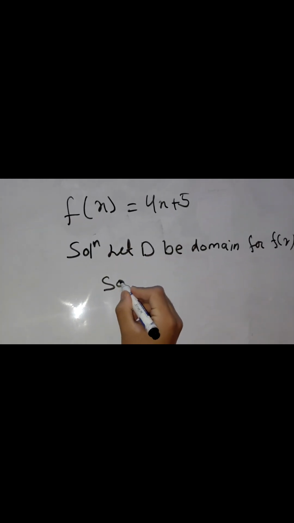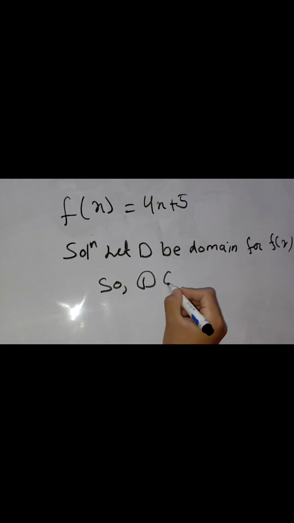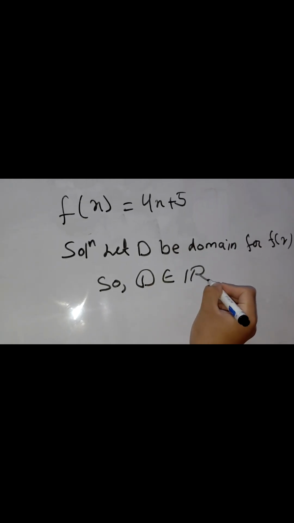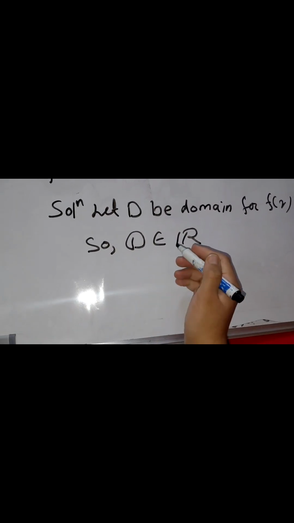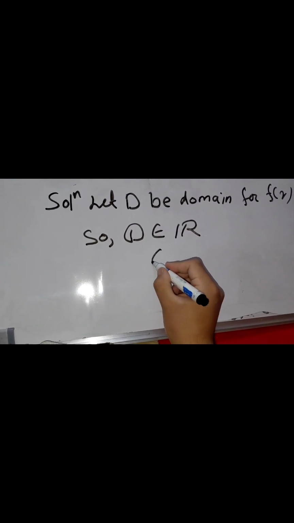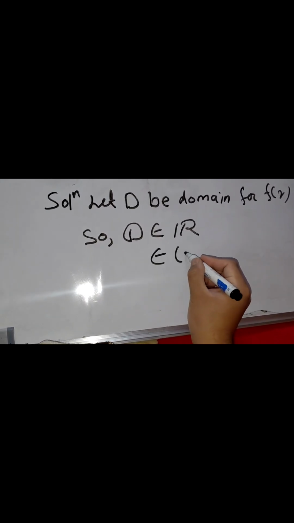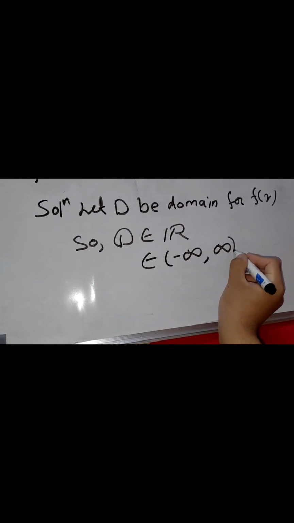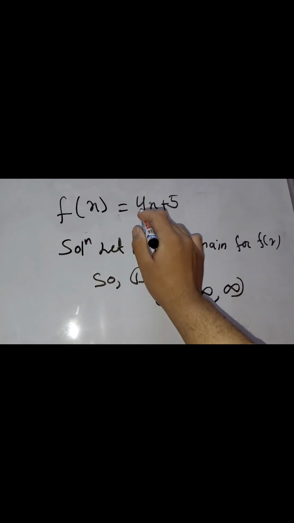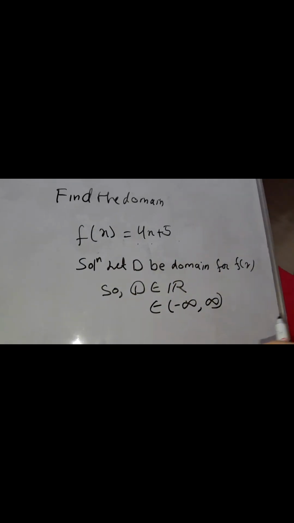So domain belongs to real numbers, डोमेन बिलोङ्स टु रियल नम्बर, मतलब डोमेन रियल नम्बरको जति पनि नम्बर्सहरू छ त्यो सबैमा बिलोङ गर्छ। Or this can be written as -infinity to +infinity. This is the domain of a function f of x, 4x plus 5.